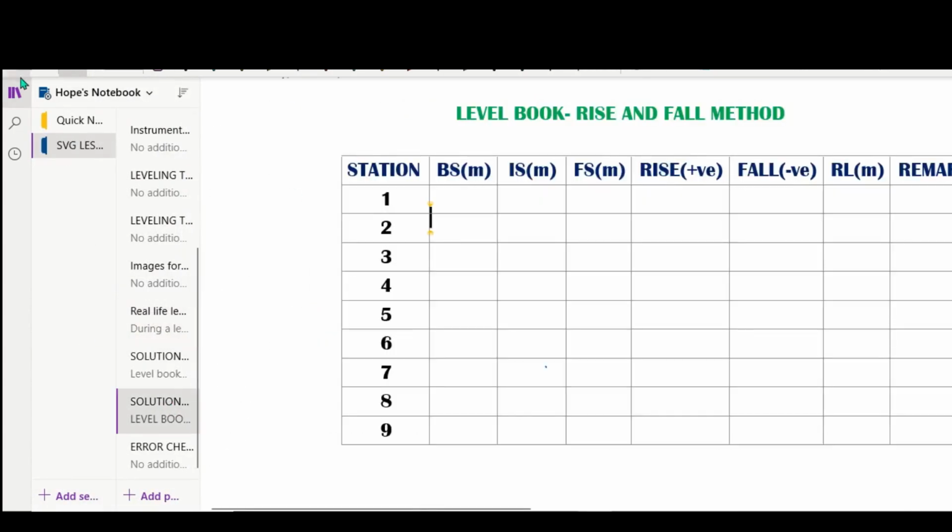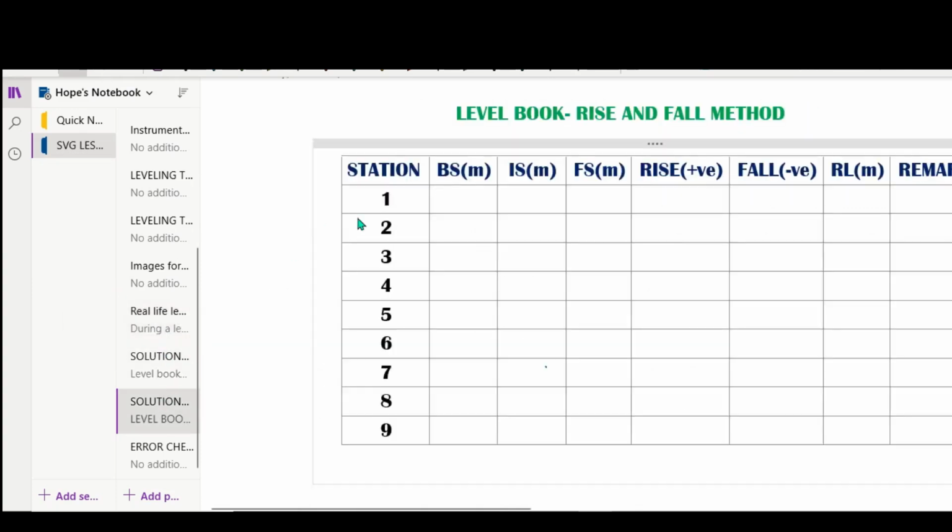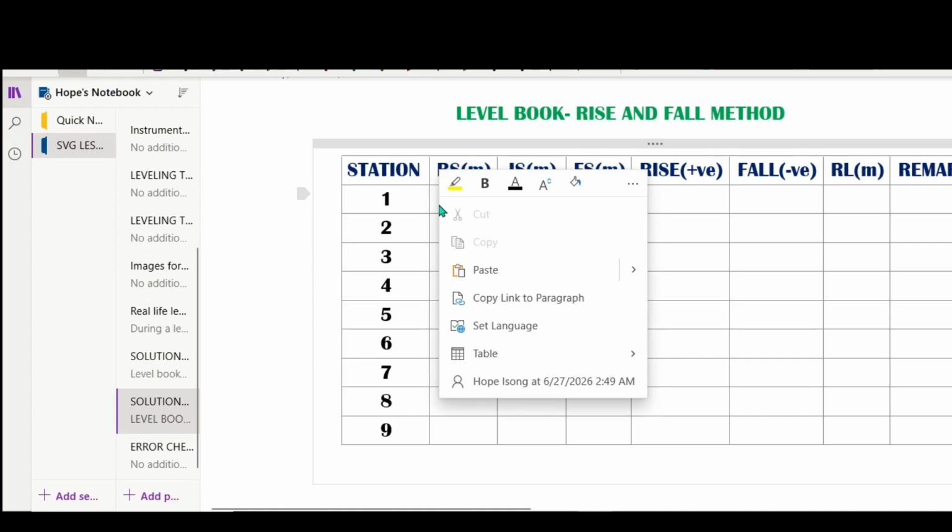All right, so this is what we are going to be dealing with. The first reading is our backsight reading. Let's just copy it, 1.625, to this backsight column.